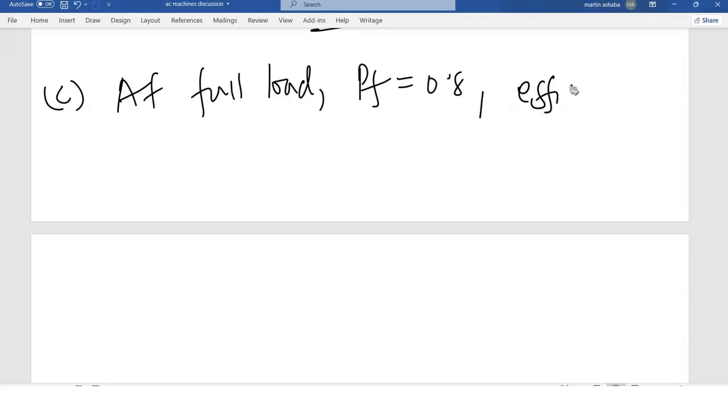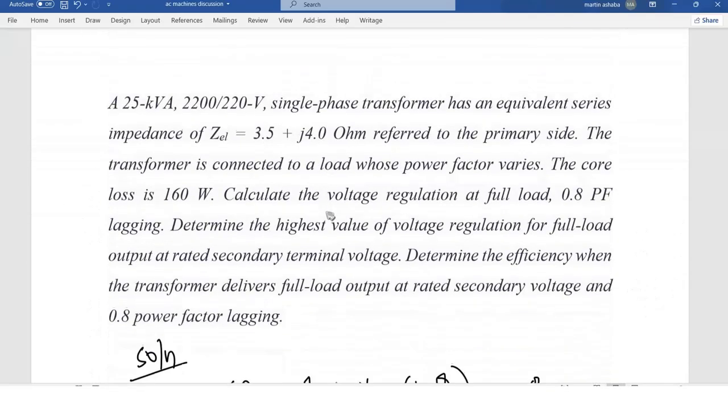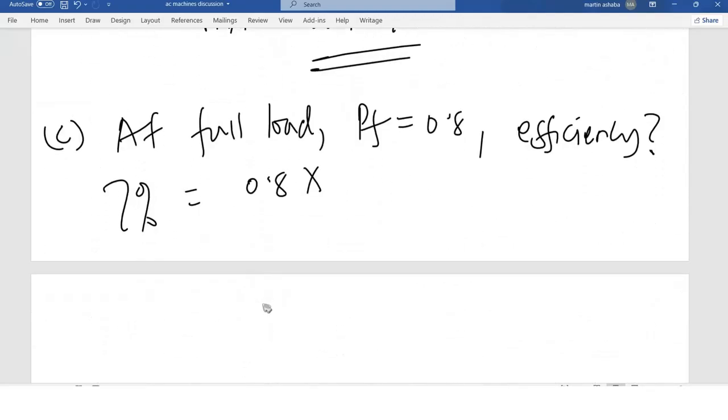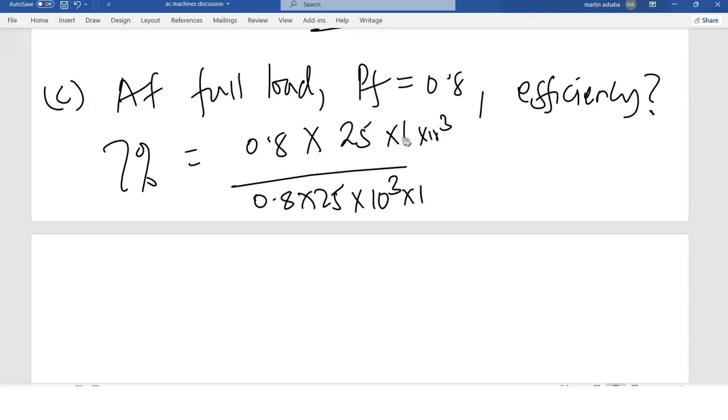The efficiency is going to be 0.8 times the kVA rating of the transformer, which is 25 kVA, times 1 since it is full load, divided by 0.8 times 25 times 10 to the power 3, to convert to watts, plus losses, times 100.